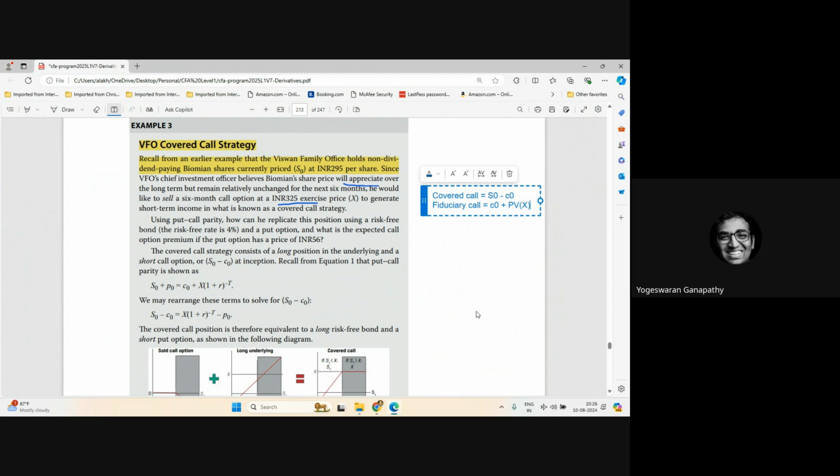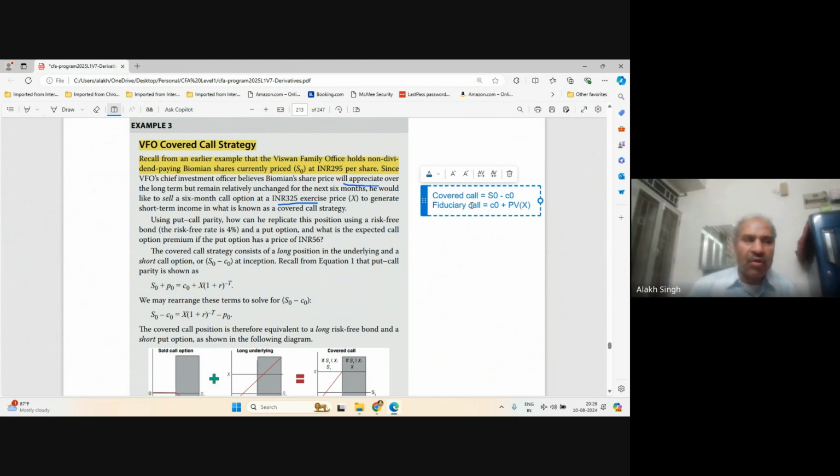Sir, can you repeat the part where you said fully covered? Fully covered call means there is unlimited loss to the seller of the call because the market price can go up without limit. So if you have the stock, even if the call goes from 30 rupees to 500, your stock will also go up, from 295 to 695.